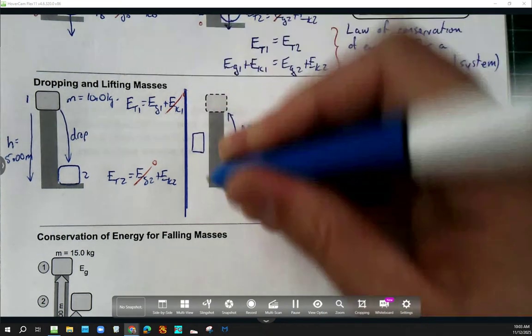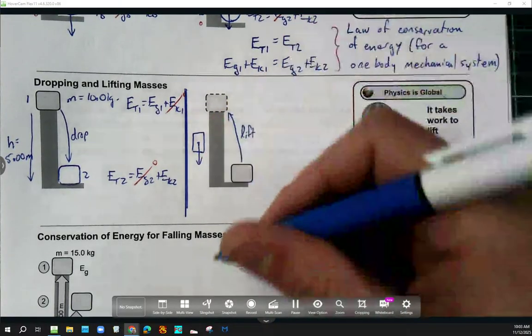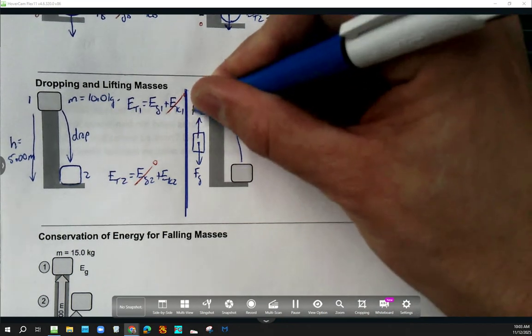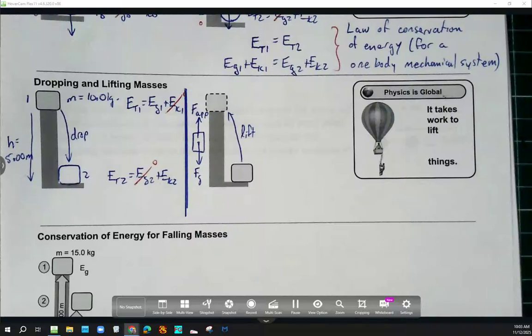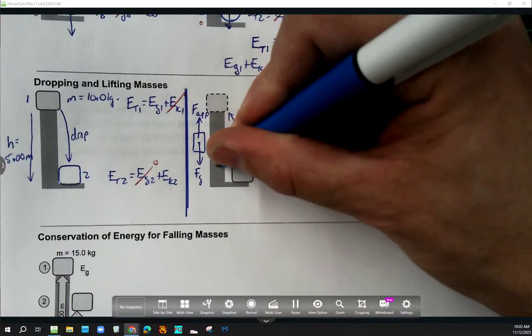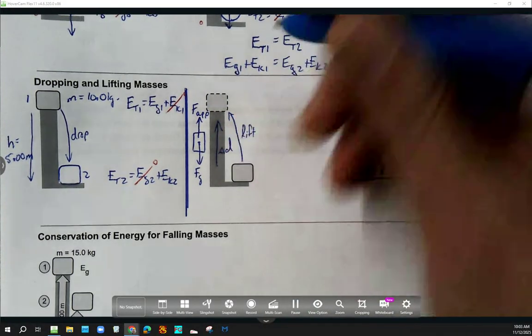And we talked about the work to lift something before, but I just want to talk about it like this. I want to say, hey, there's Fg going down, there's a force applied going up, no doubt about that. There'd be a displacement. Essentially, the displacement goes straight up. So I can say, okay, delta D is straight up.